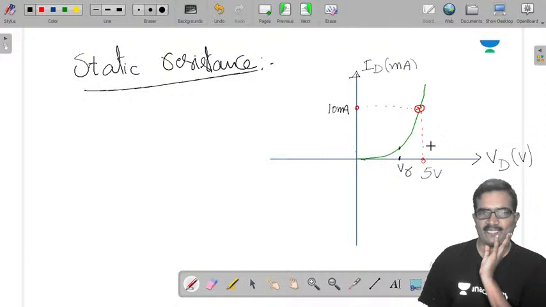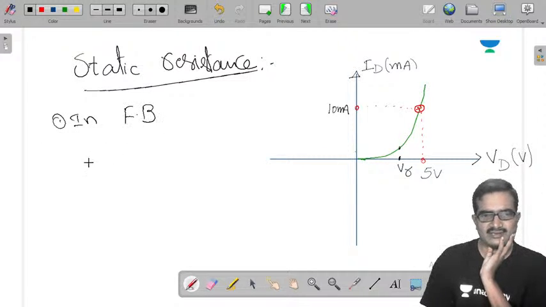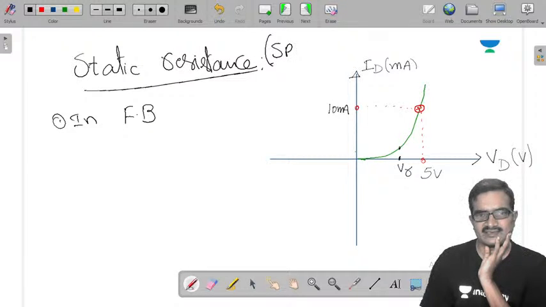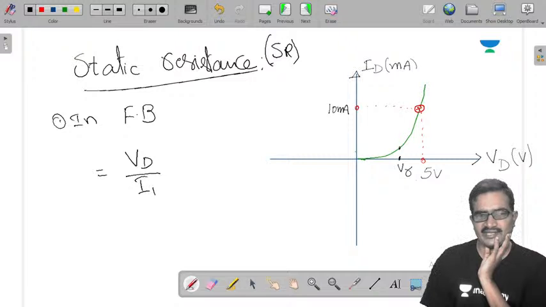Static resistance in forward bias is VD by ID.